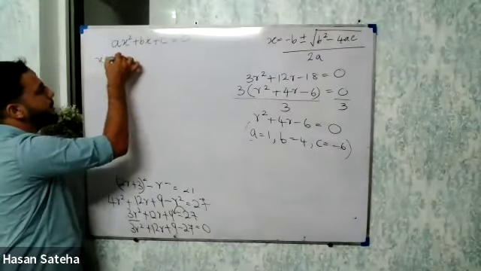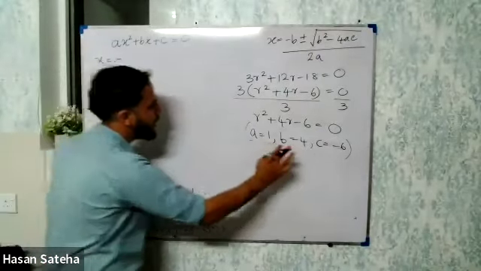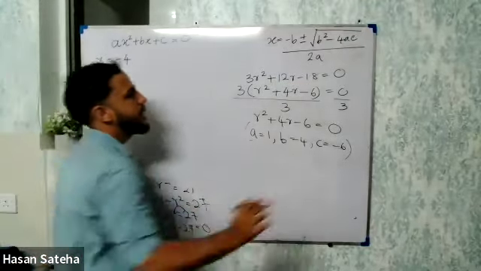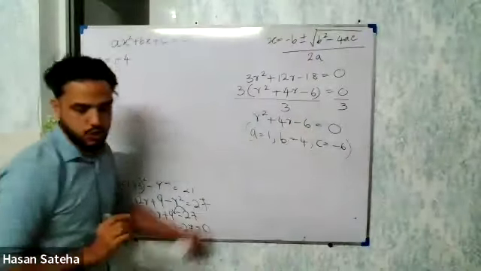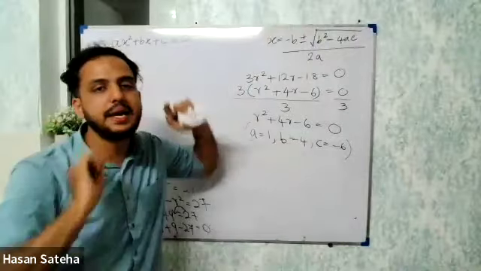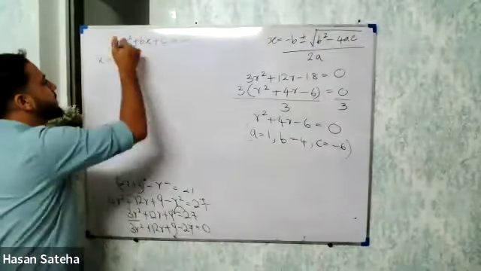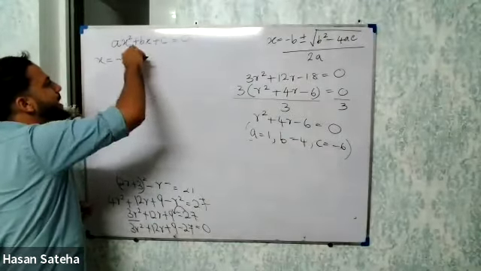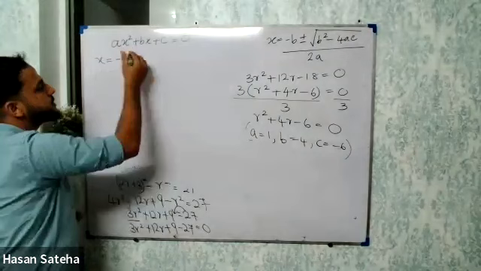So x is equal to minus, b is 4, so you can directly write 4 there. Sometimes b itself is negative. If b is also negative, then you put it inside a bracket. Now here it's positive, so no bracket required. You can directly write minus 4.